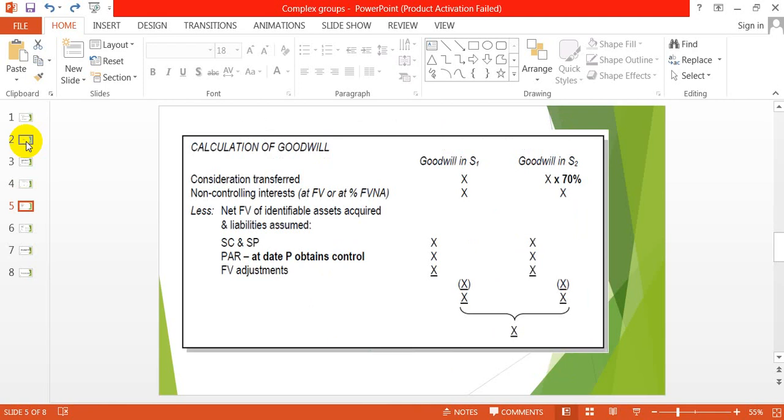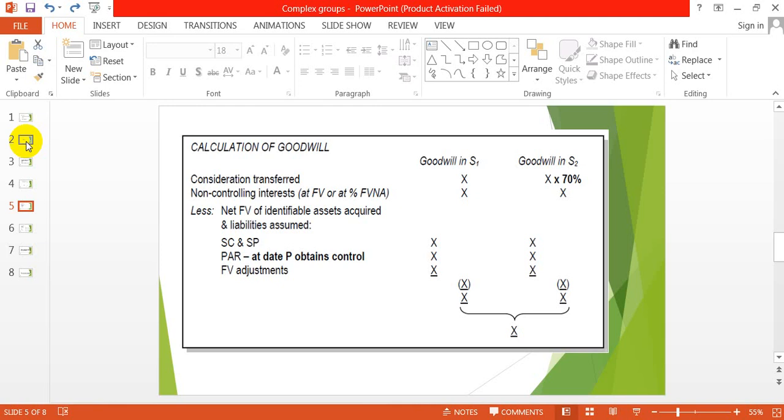The goodwill calculation for S1 is an area that we have seen before, but it's the goodwill calculation in S2 where we're going to put a lot of emphasis.